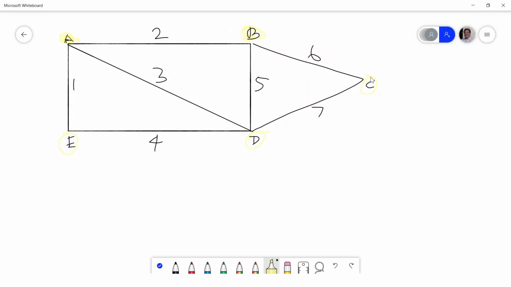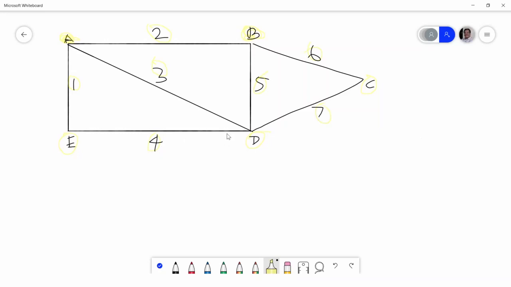So 1, 2, 3, 4, 5 nodes are there. And how many edges are there? First edge, second edge, third edge, fourth edge, fifth edge, sixth edge, and seventh edge. So 7 edges are there.